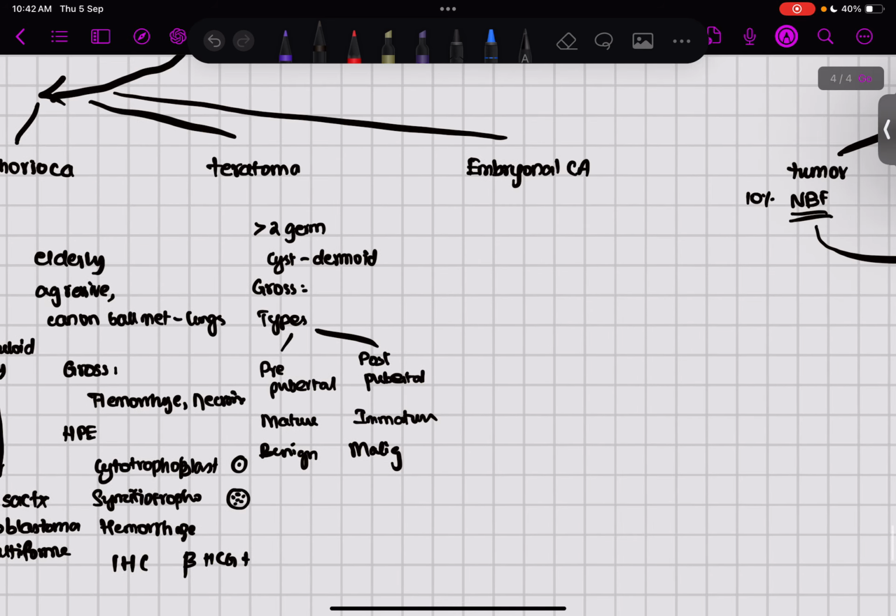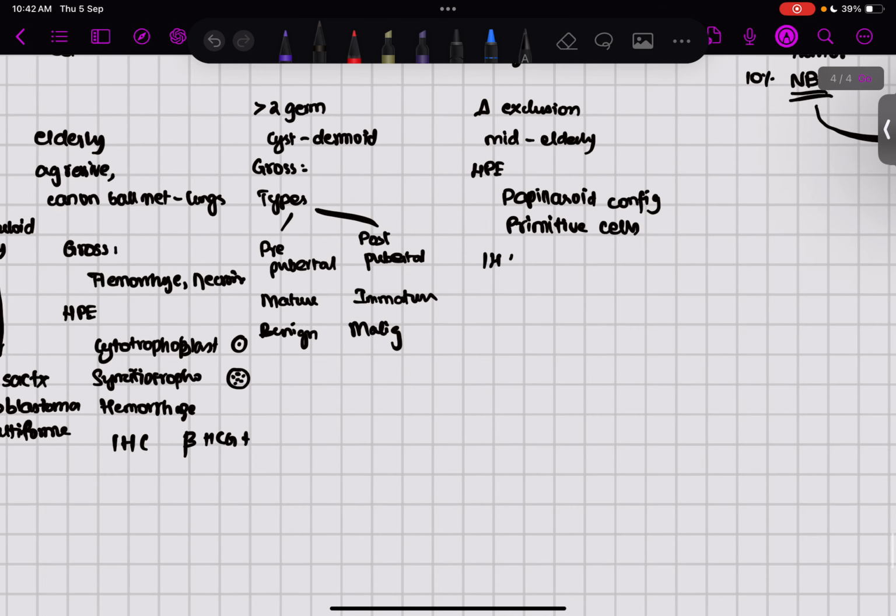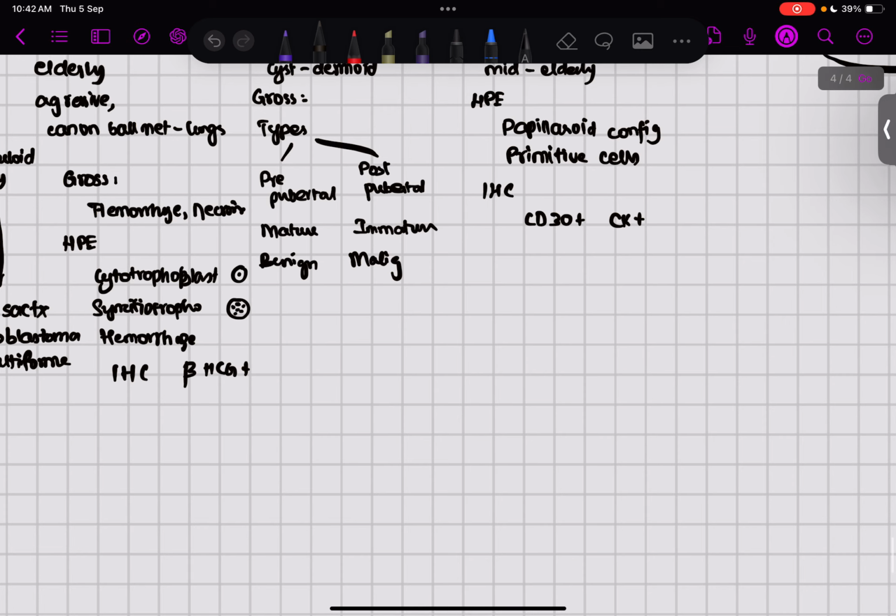Embryonal carcinoma is a diagnosis of exclusion. Occurs in mid-age to elderly. On histopathological examination we see papillary configuration and primitive cells. Immunohistochemistry shows CD30 positivity and cytokeratin positive.